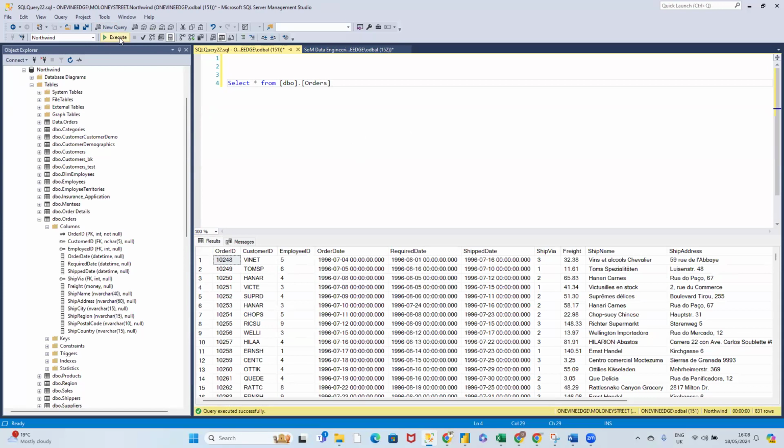We only have the freight in here. So for you to actually do your total sales by year, you need to go to another table, and that is the order details.